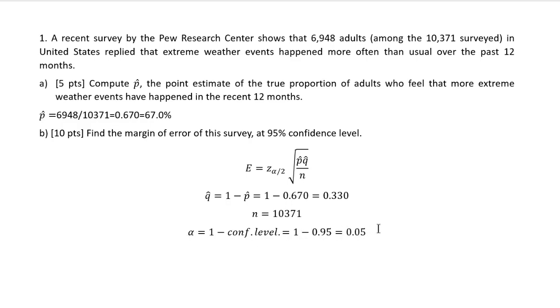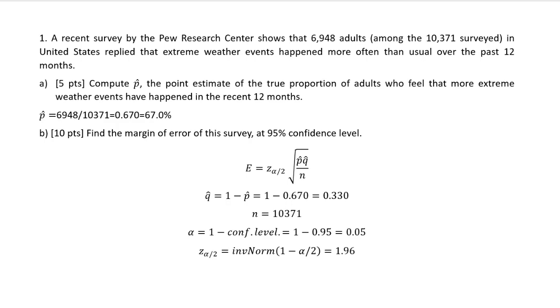Once you get the alpha level, then to find the critical value for Z, you have to use the inverse functions. And since Z is for the normal distribution, we are going to use the inverse norm of 1 minus alpha over 2 in the calculator. Or you can also look at the table to figure this out. But either way, you will see that it's going to be 1.96.